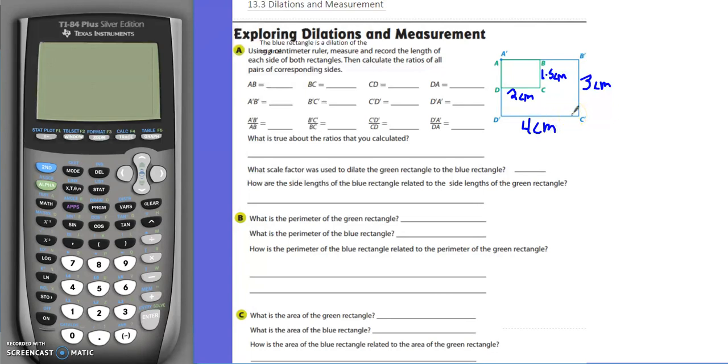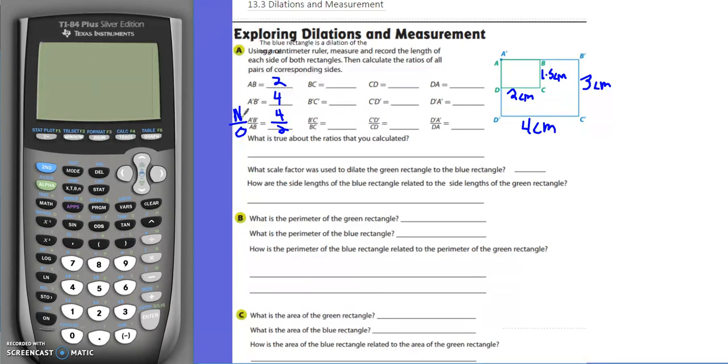Okay, the length of AB is 2. The length of A prime B prime is going to be 4. We're going to do 4 divided by 2. Remember that this is the new over the original.